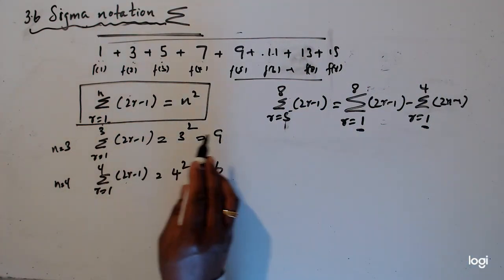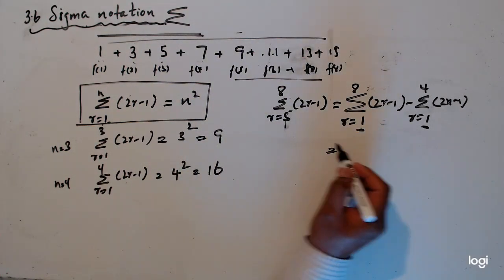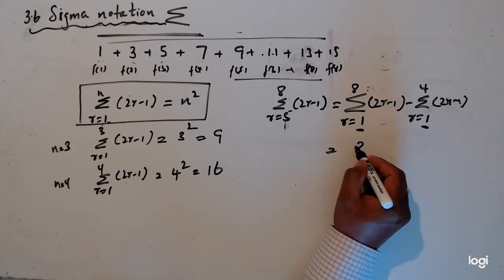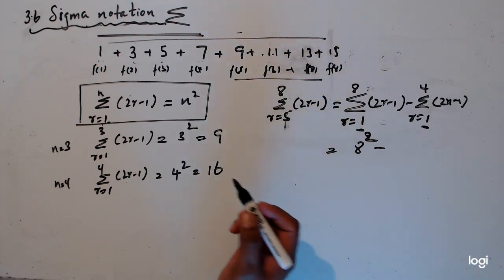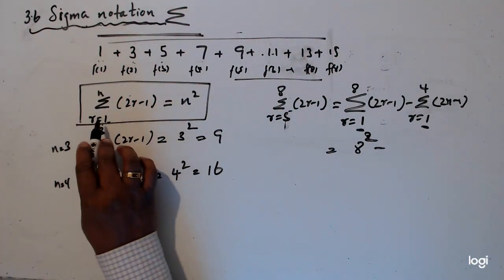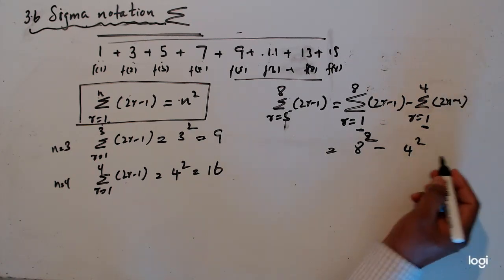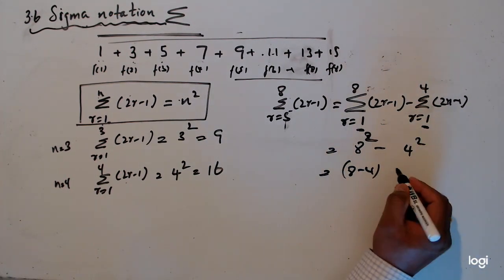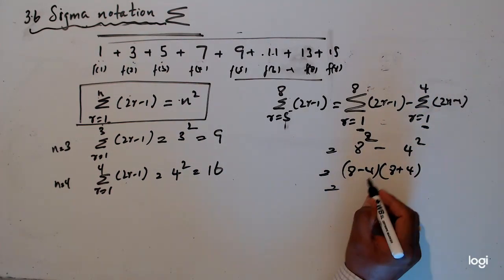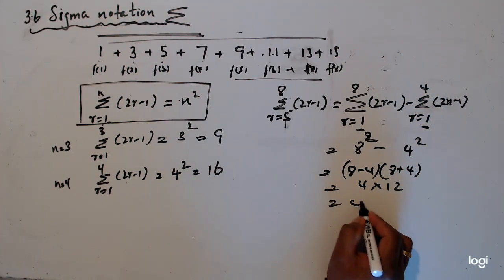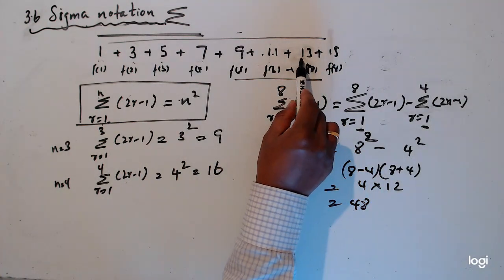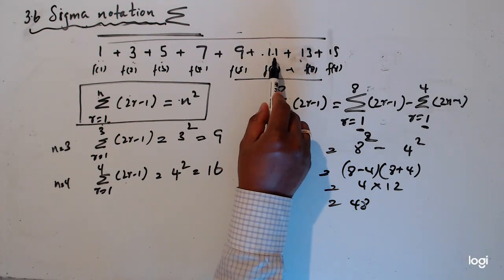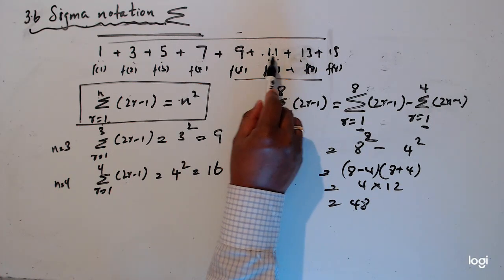So now I know that 1 to 8 I can simply write 8 square, and then 1 to 4, 4 square, right? So 8 minus 4, the difference of 2 squares, is 8 plus 4, 4 times 12, that is 48. So is that right now? Let's see. 15 plus 13, 28, 38, 39, 48. Yeah.